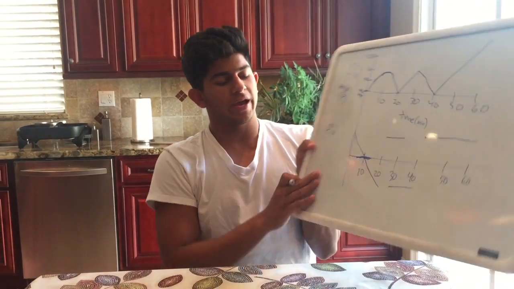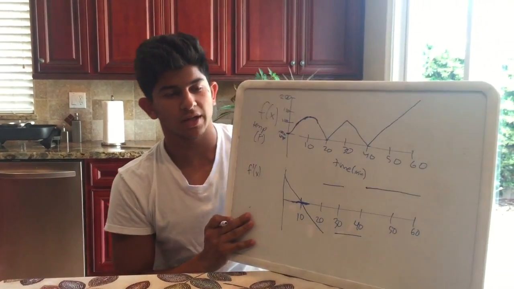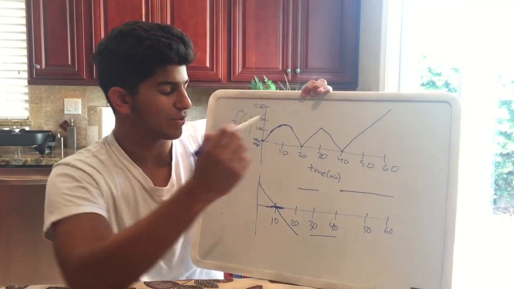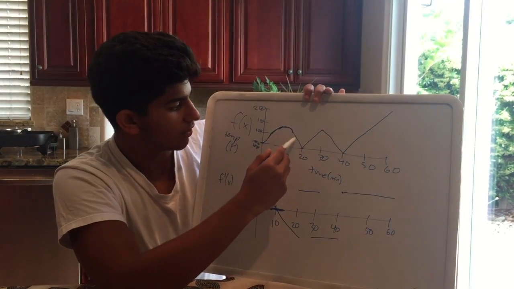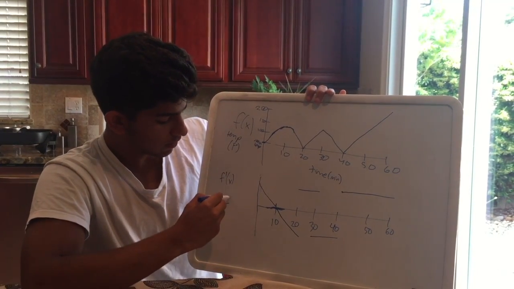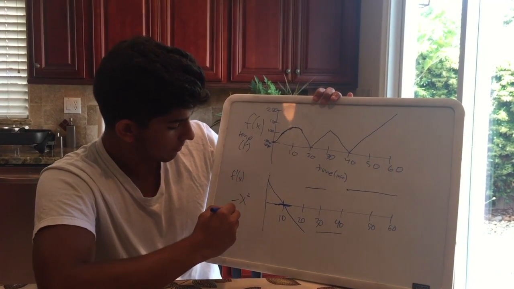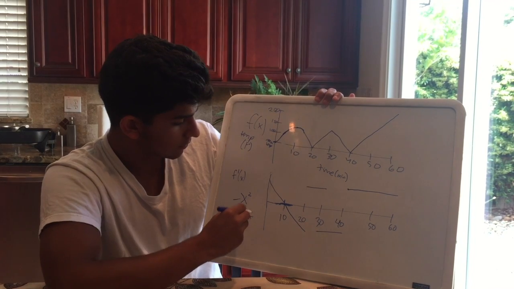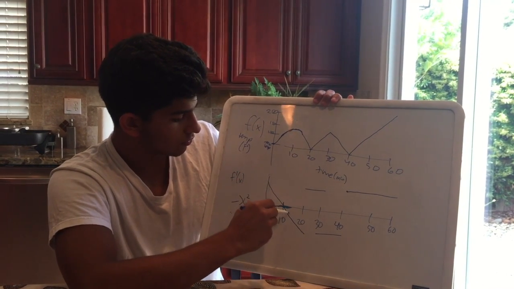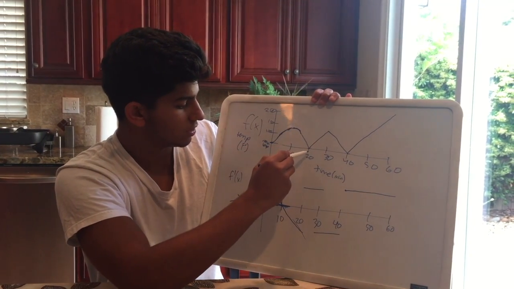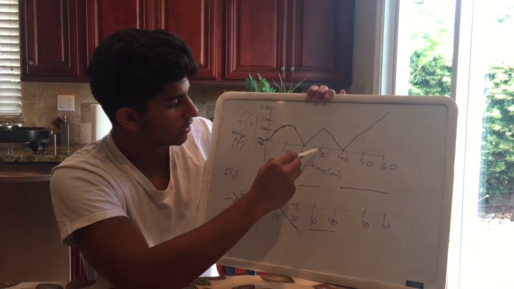This can be a bit complicated, but what helps me understand this is to think of it algebraically. This graph right here represents negative x squared. The derivative of negative x squared is negative 2x, which is right down here, from 0 to 20. Then let's look from 20 to 30.